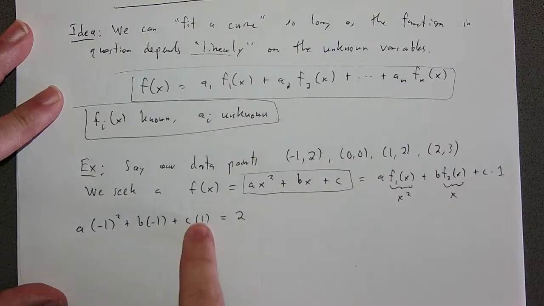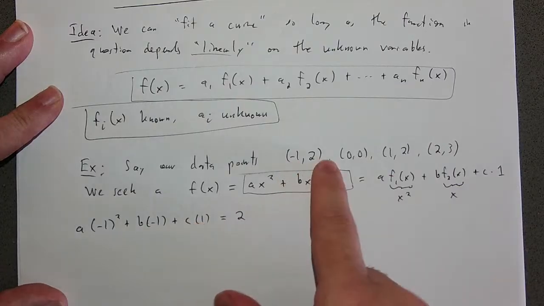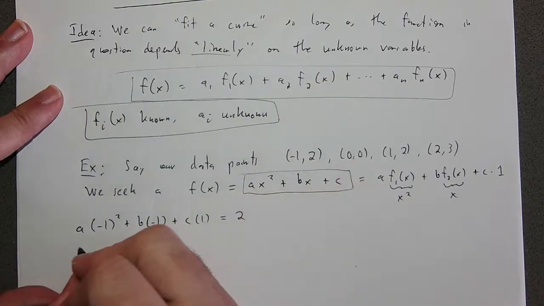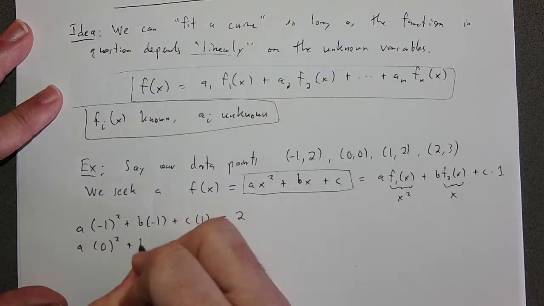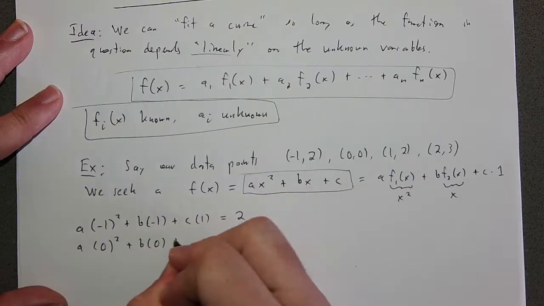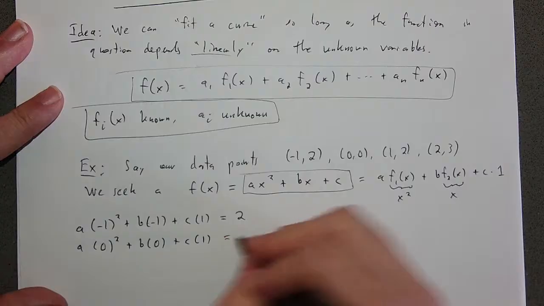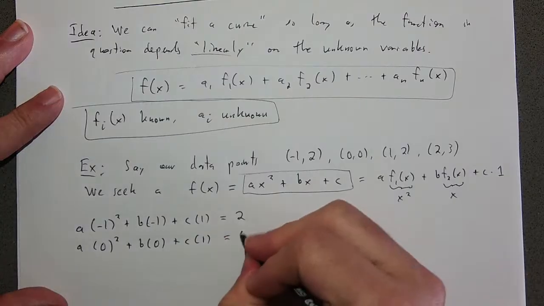So this is the equation that would be satisfied if the point minus 1, 2 lied on this parabola. If the point 0, 0 lied on this parabola, the equation that would be satisfied is a times 0 squared plus b times 0 plus c times 1. Notice we're not plugging in anything here. Don't get confused, right? This is just the form that this is in. Okay, and that is equal to 0.